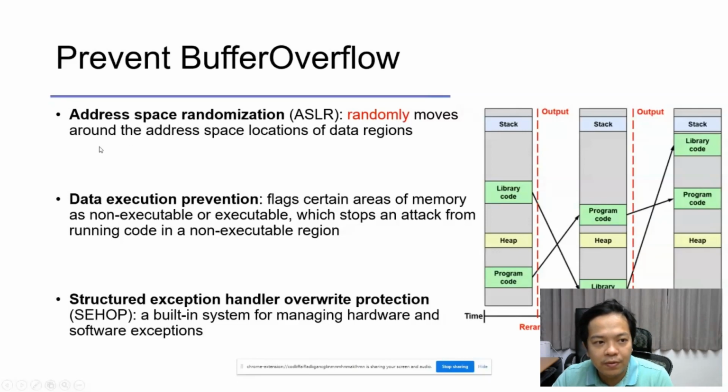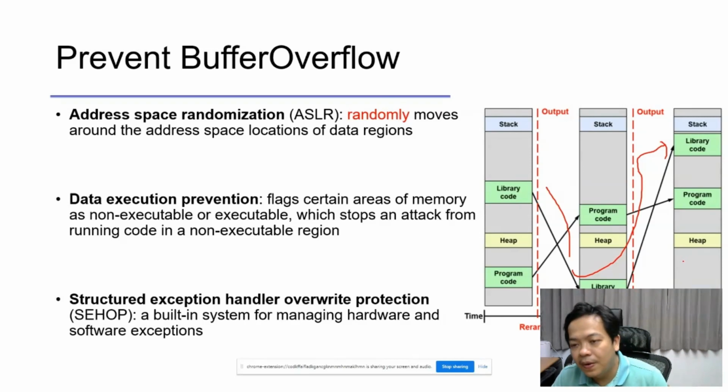It can move the address space area randomly. Sometimes it goes to library code here, but the next time it goes somewhere else, and the next time it jumps randomly, and the hacker cannot predict where it's located, so cannot inject malicious code.